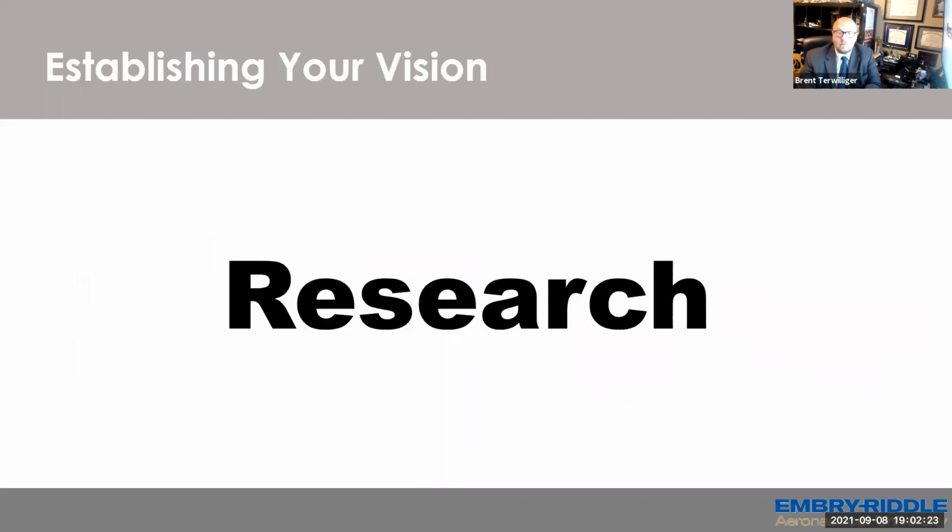So research has many definitions. You could look at Merriam-Webster's definitions, which include investigation or experimentation that's aimed at the discovery and interpretation of facts, the revision of accepted theories or laws in light of new facts, or practical application of such new or revised theories or laws. There's also a simpler definition, collecting of information about a particular subject.